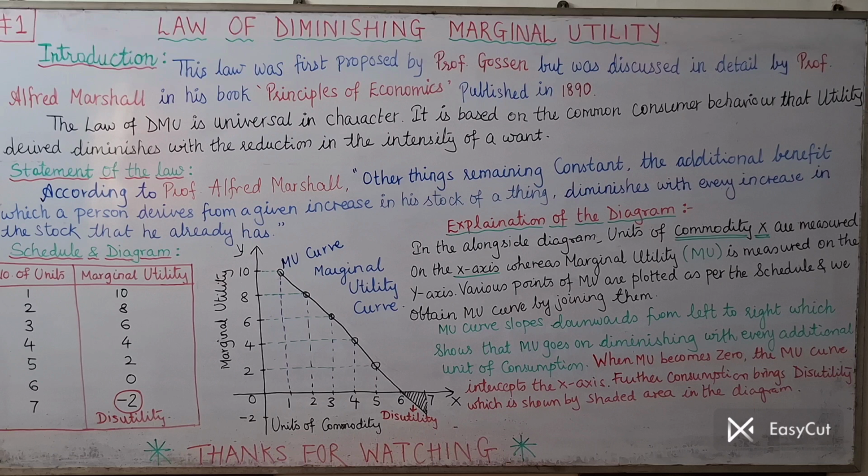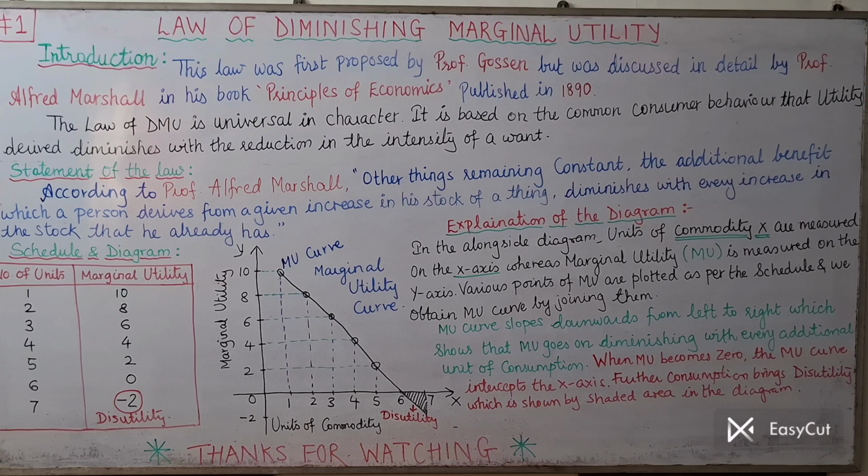Then this law of DMU, what is this law? In this law we see how the marginal utility diminishes. So this law is universal in character. It is applied universally. It is based on common consumer behavior. Any consumer will behave that way only, that utility derived diminishes with the reduction in the intensity of a want.